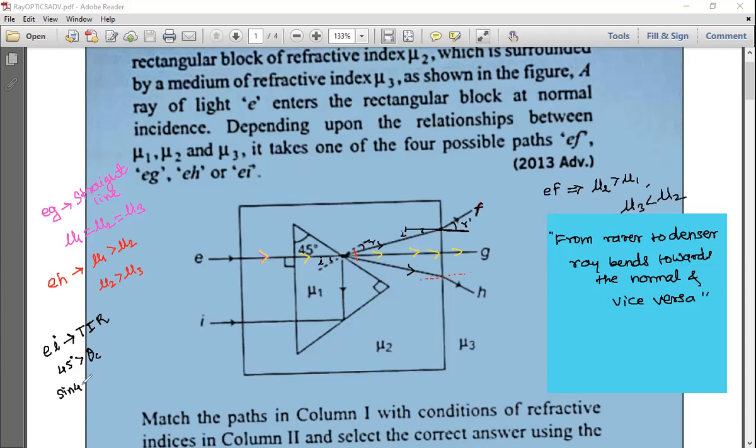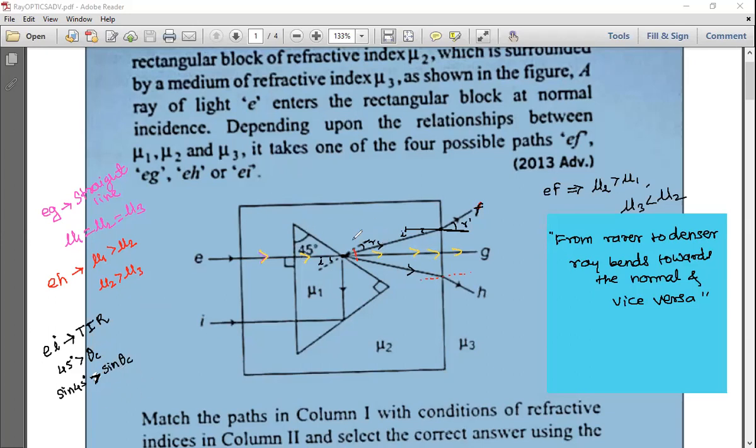Sine of 45 degrees is greater than sine of theta c, because the relation is greater than, then only it will reflect back into the same medium. Till here we understood.